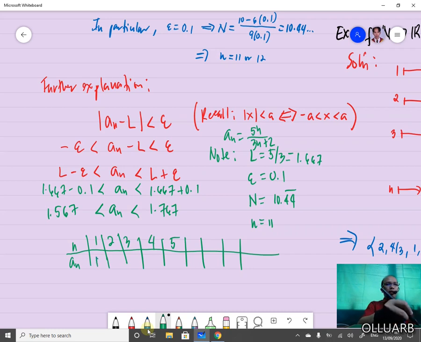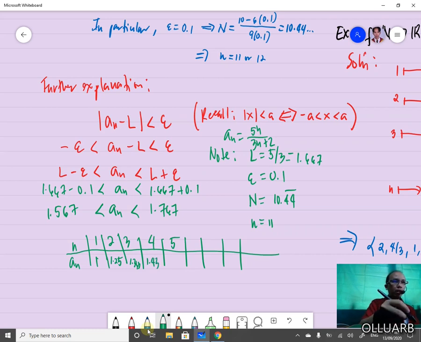This is 1. If n is equal to 2, this is 5 over 4, or 1.25. If n is equal to 3, this is 1.363. If n is 4, it is 1.43, and so on and so forth.